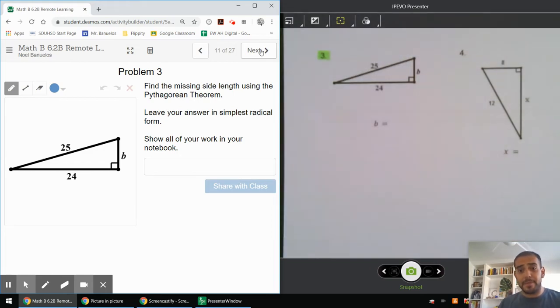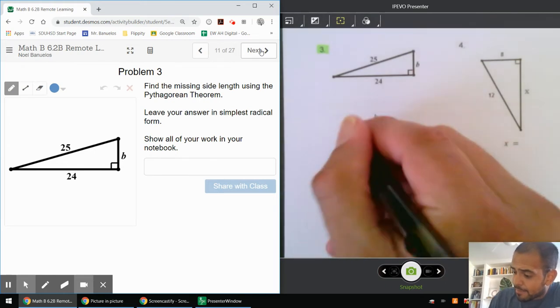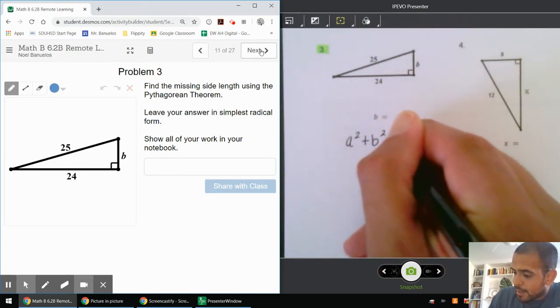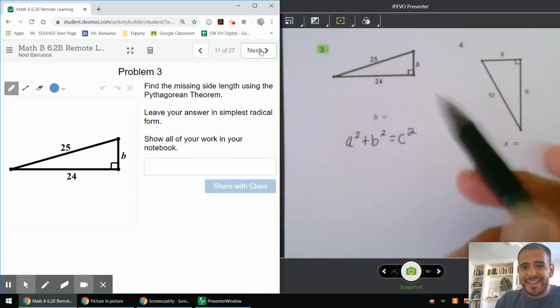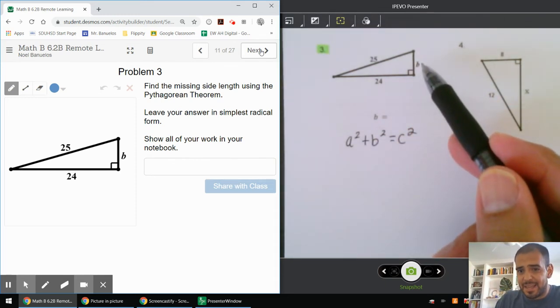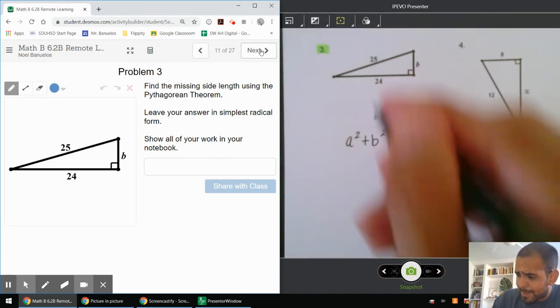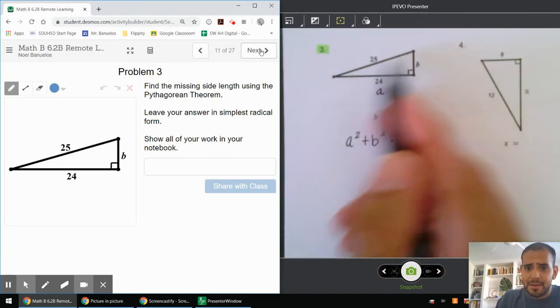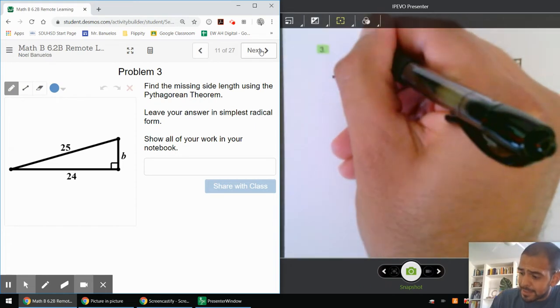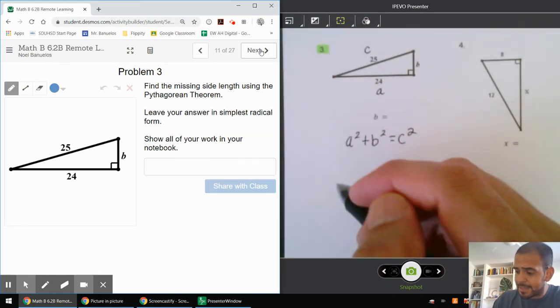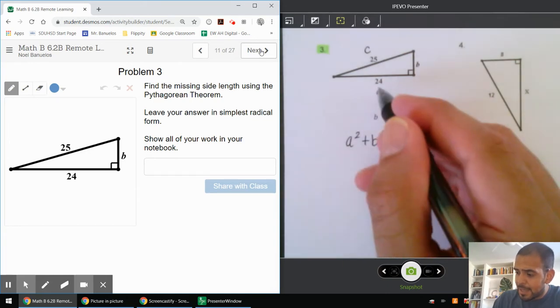Let's use the Pythagorean theorem here. I have a squared plus b squared equals c squared. They identified this as a leg, labeled it as b. Here, this would be my a, and my hypotenuse would be my c. So let's just substitute these values here.